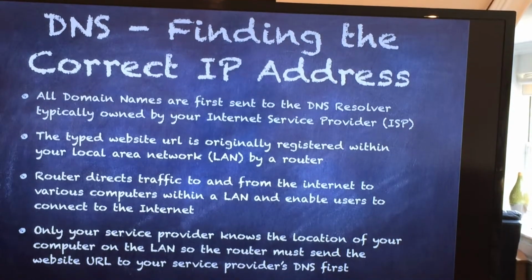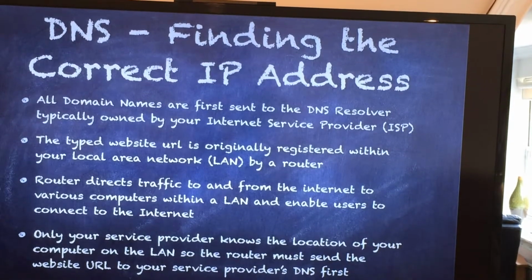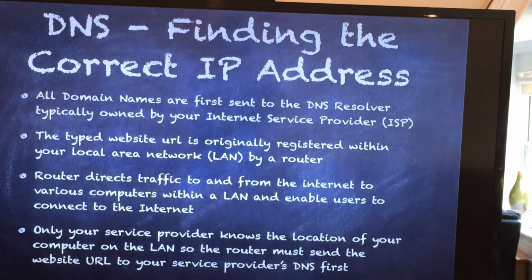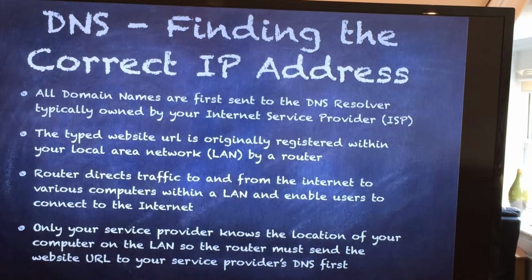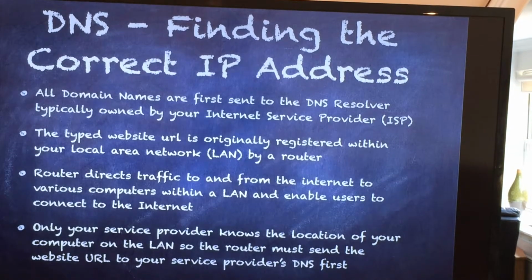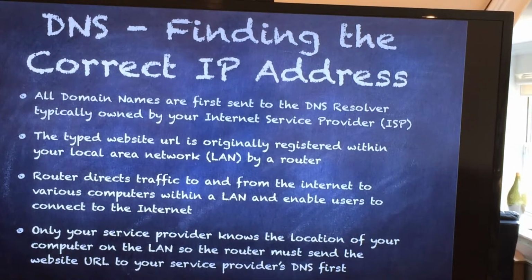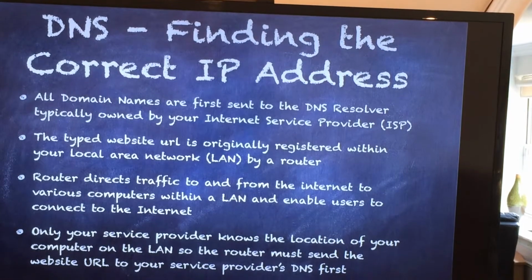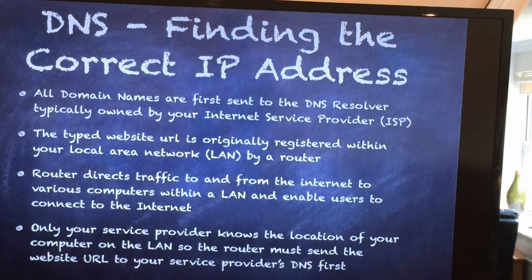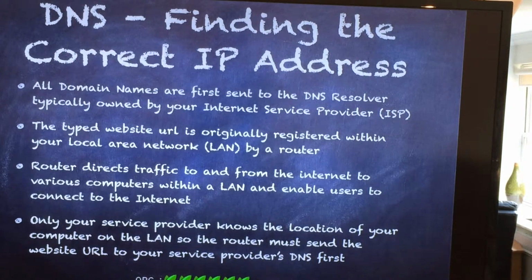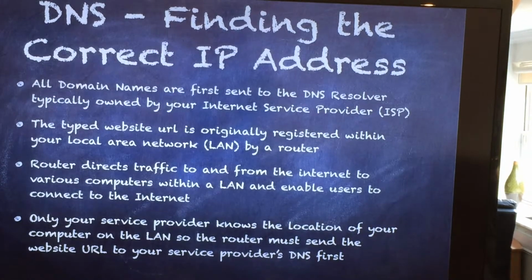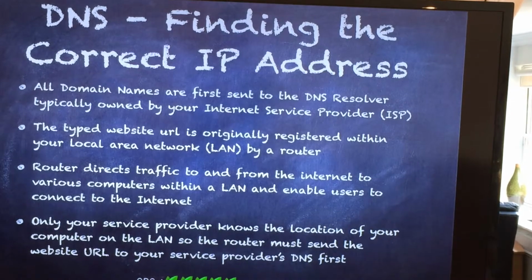The typed website URL, in our case nerdina.org, by the way, URL stands for Uniform Resource Locator, is originally registered within your local area network. Once again, the local area network is a set of devices inside of your home or office building, essentially the set of devices within a building.